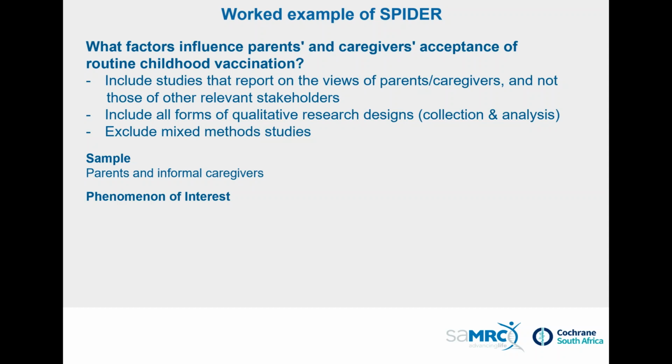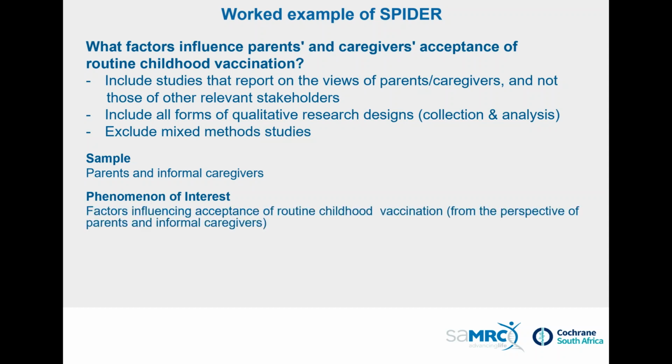We've got acceptance here. And all of these are correct, partially correct. I think what is very important with the qualitative evidence synthesis is to really hone in on what is your particular interest. And here it is about acceptance, it's about routine childhood vaccination, but more specifically, it's about the factors that influence acceptance of routine childhood vaccination.